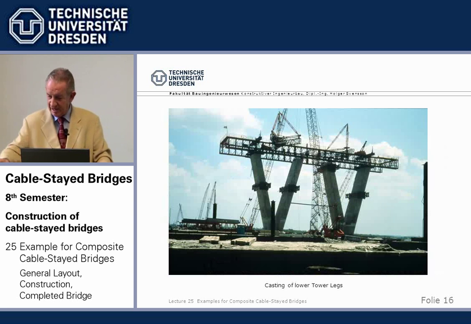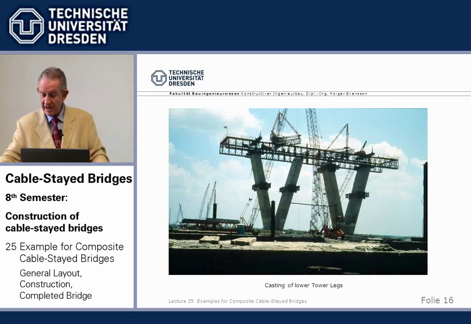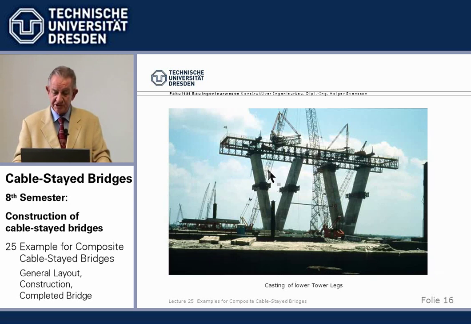Now, after the foundations, we start with building the tower legs. We had originally proposed to the contractor to use individual jumping forms for each leg, but the contractor started with one very big, heavy truss across with 2 cranes running on top.